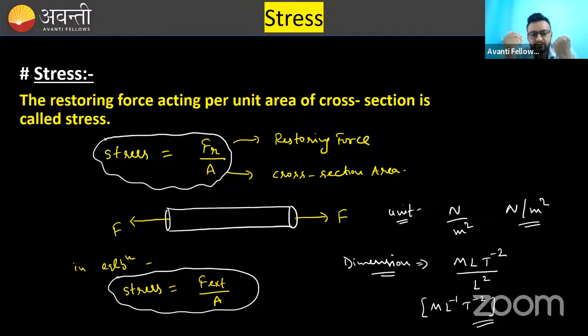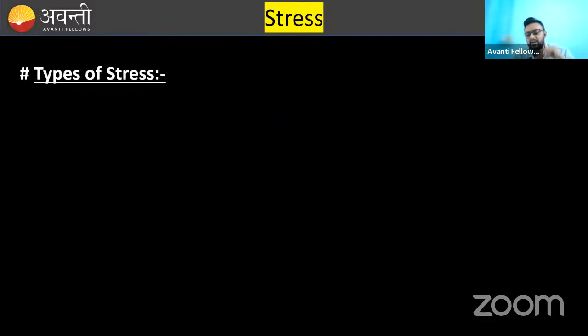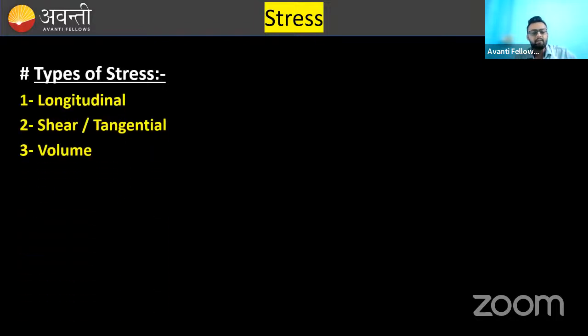Stress can basically be defined as of three types. So what are the types of stress? Three types of stress basically are there: longitudinal, tangential, and volume. I will discuss them one by one.